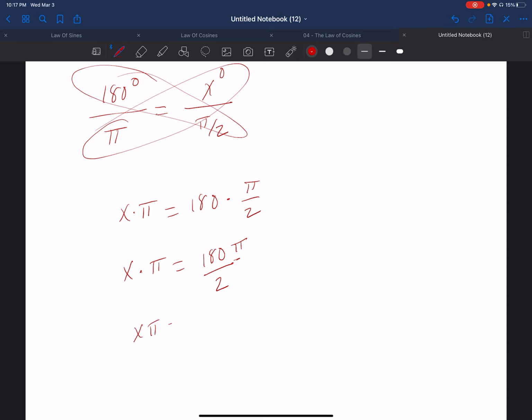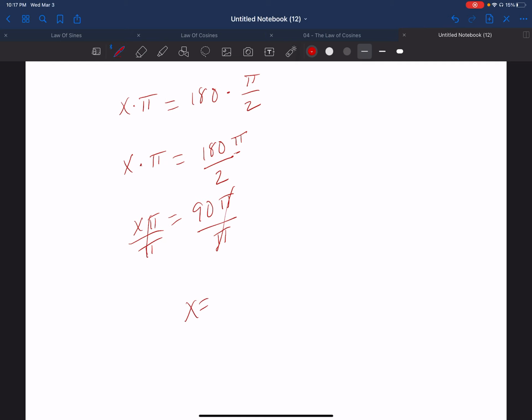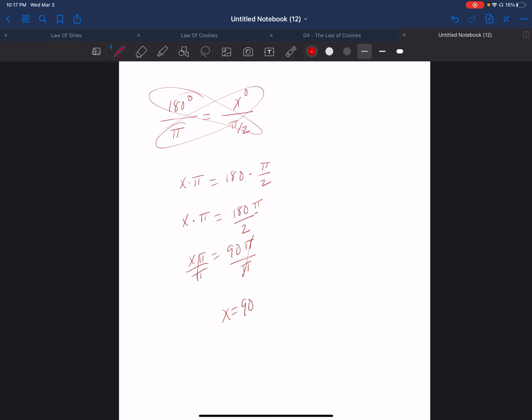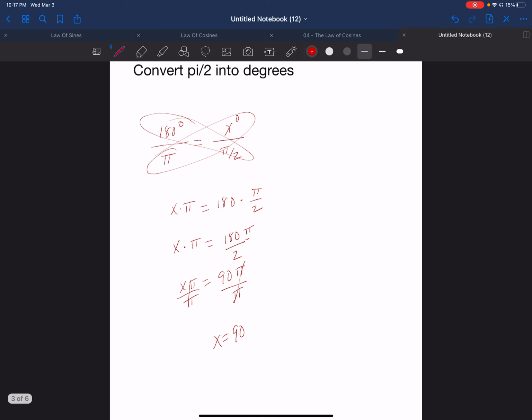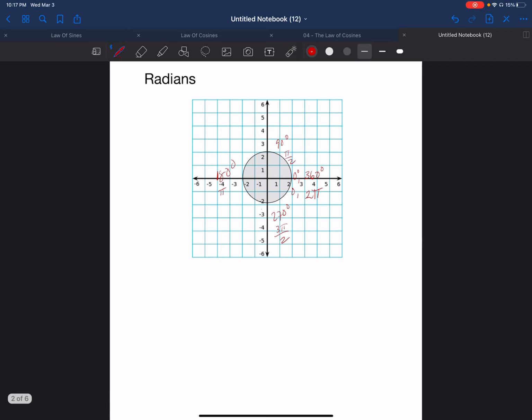X pi equals 90 pi, and then as you can see, the pi's will cancel out, leaving me x equals 90. But again, looking at our starting proportion, we know that we're talking about degrees. So we know that pi over 2 radians is equal to 90 degrees. We actually already had it over here. I just wanted to show you how to do it using proportions.